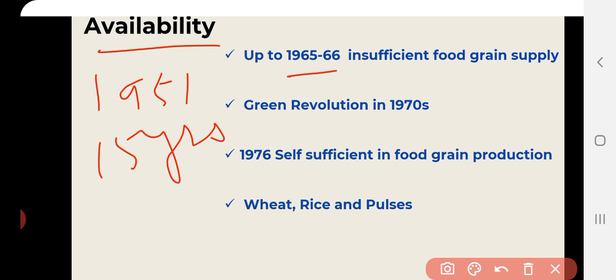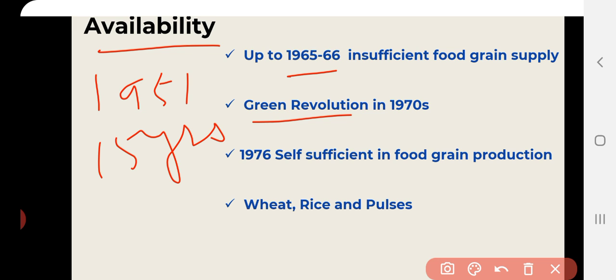people. But in the mid 1960s, we initiated the program of Green Revolution. And in the 1970s, through implementation of the policy of Green Revolution, we started increasing production of food grains through high yielding variety of seeds, means increasing productivity of food grains.